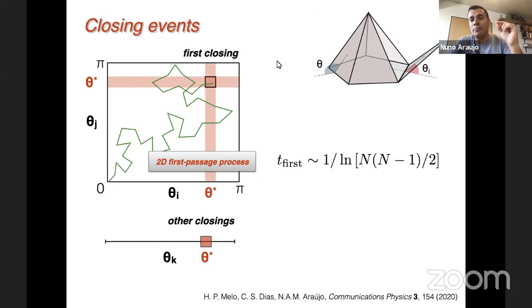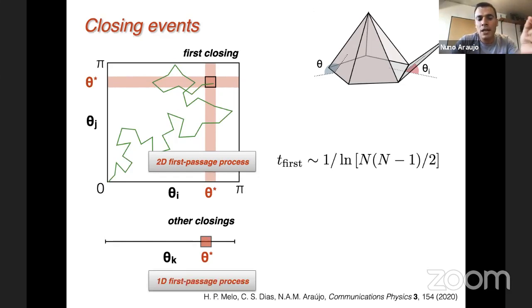And so the remaining closing events are 1D first passage processes. But now we will have n minus 2 such processes because all the other faces will need to eventually close. And so what sets the time it takes to fully fold our pyramid into the 3D shape is the slowest of all these processes.